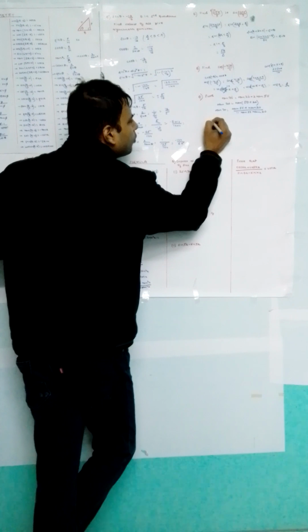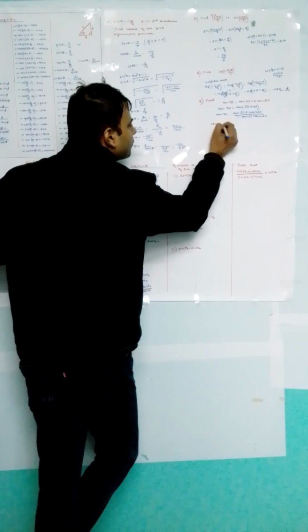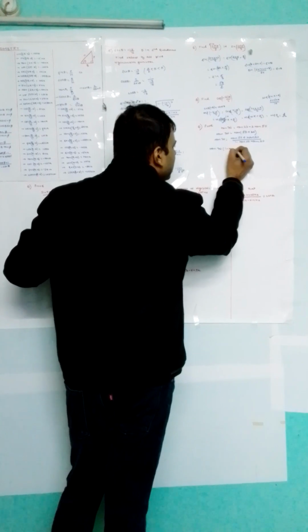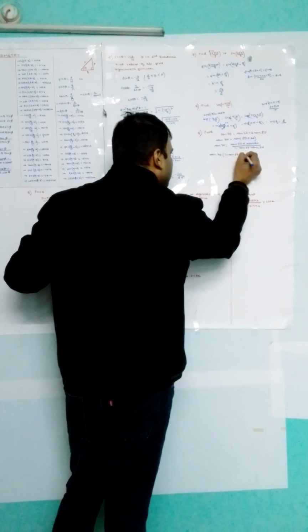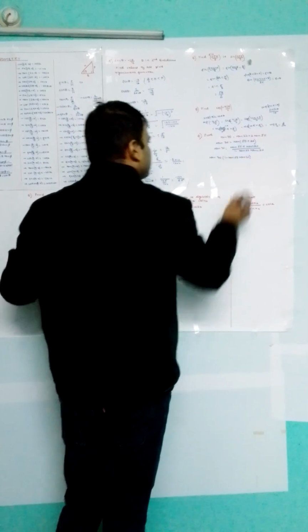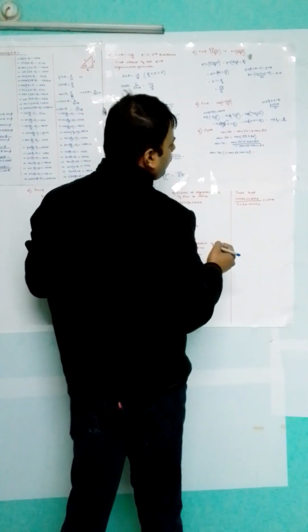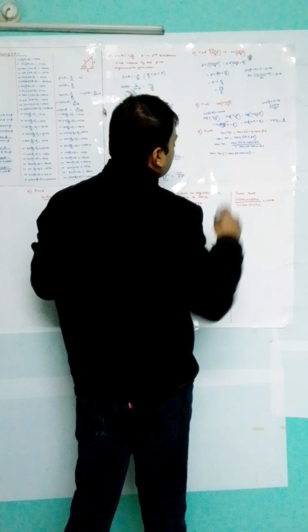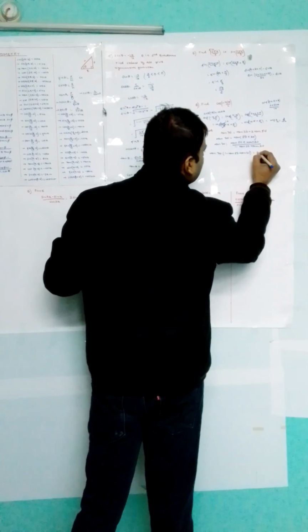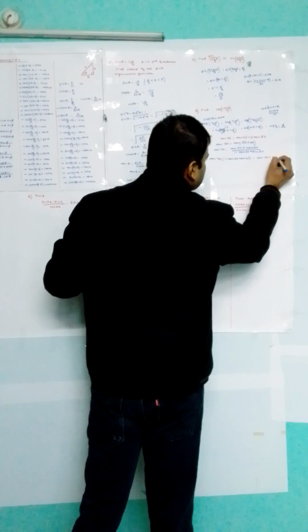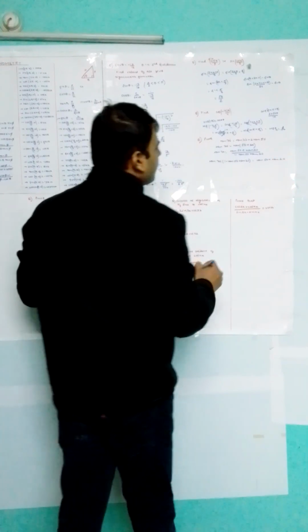So what we will do, 1 minus tan 50 tan 20. So what will happen, tan 50 plus tan 20.